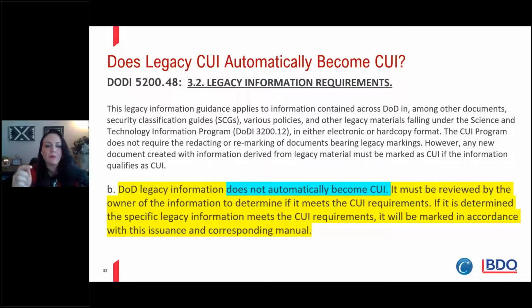CUI has to be reviewed by the owner of the information, so we would call that the data originator. Whoever stamped it FOUO, whoever stamped it CUI, is the data originator. The owner of the information needs to be reviewing any legacy information, like taking that FOUO.